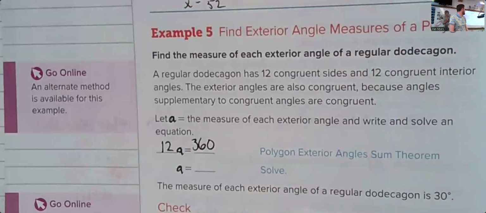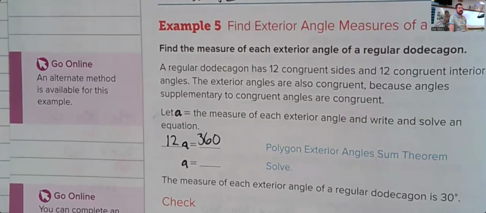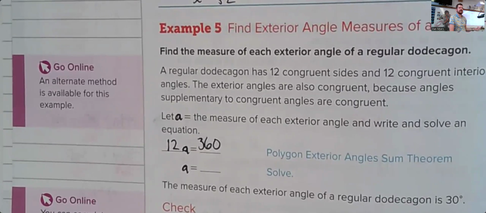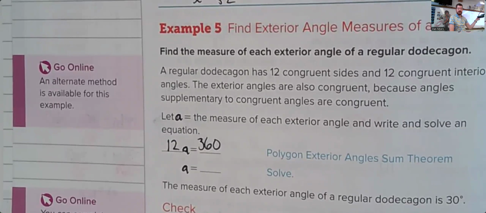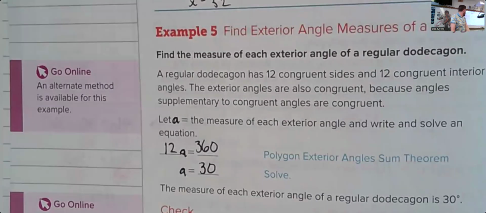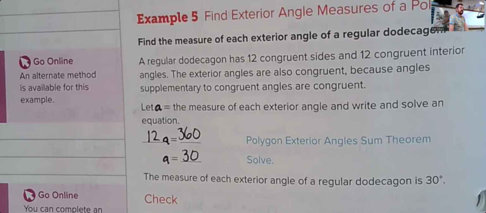So if you know how many sides you have and you have a regular polygon and you want to find the measure of each exterior angle, just take 360 and divide by the number of sides, which is 30. So the measure of each exterior angle of a regular dodecagon is 30 degrees.